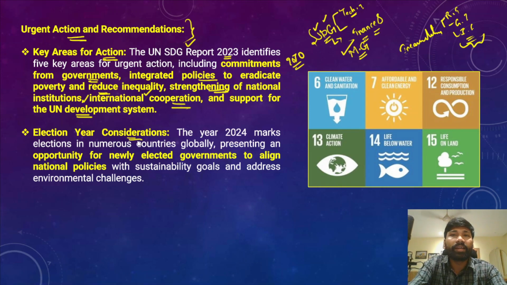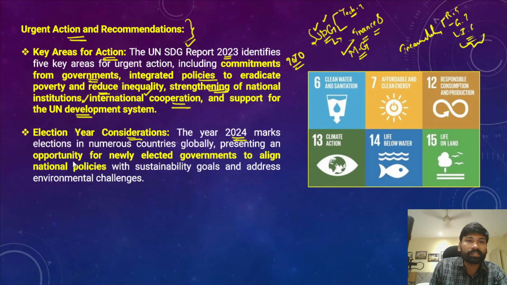Now we must also look at election year considerations. India is going for the Lok Sabha polls this year. So the 18th Lok Sabha elections are taking place. Not just India, but several other countries, including the US, are also going for elections this year. So 2024 marks elections in numerous countries across the globe.